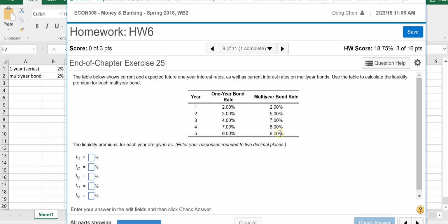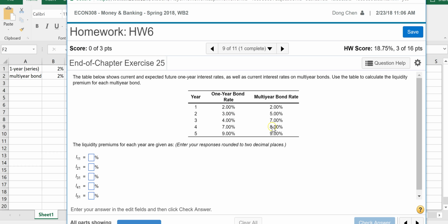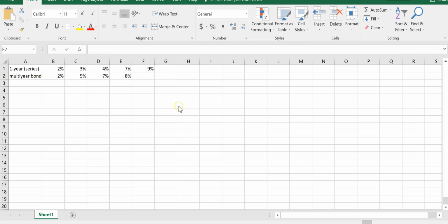And for the 4-year bond, every year you expect to earn 8%. And finally, for the 5-year bonds, you can earn 9% every year.